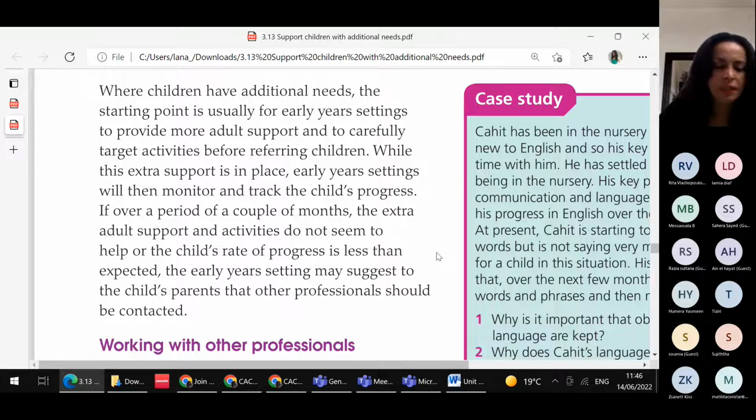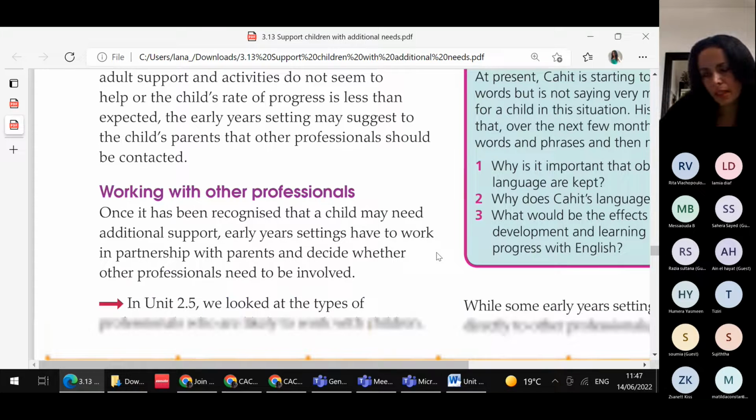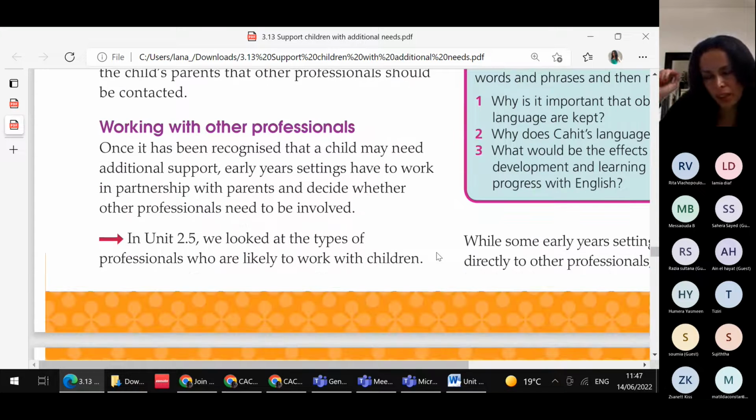You need an extra opinion, extra support to help the child progress. This professional will suggest lots of things for you or for the parents to do in order to make this child act closer to the other children in his age group.